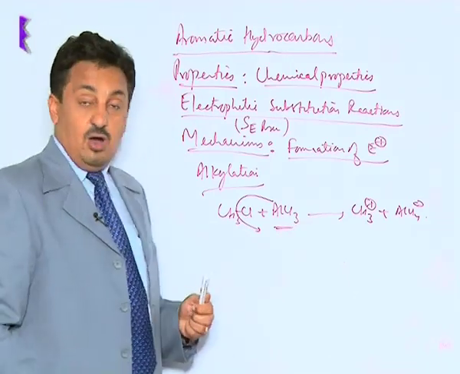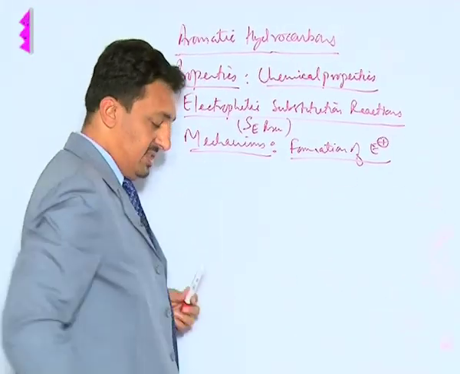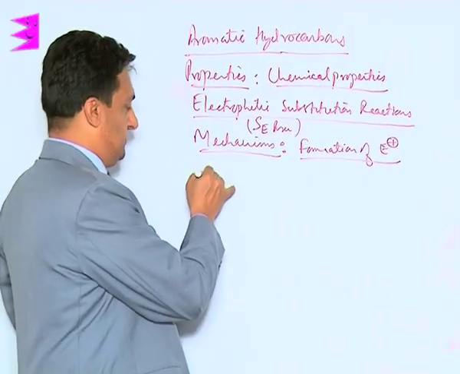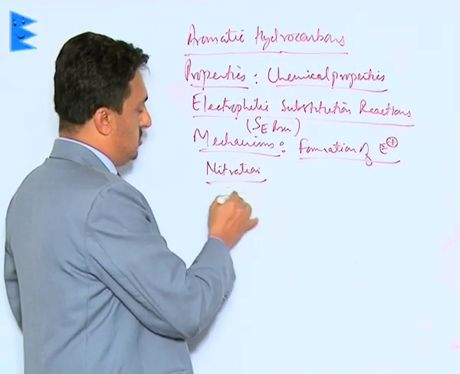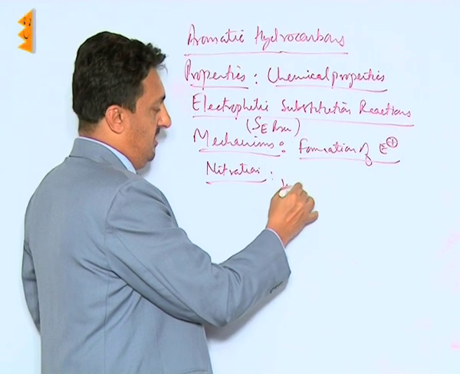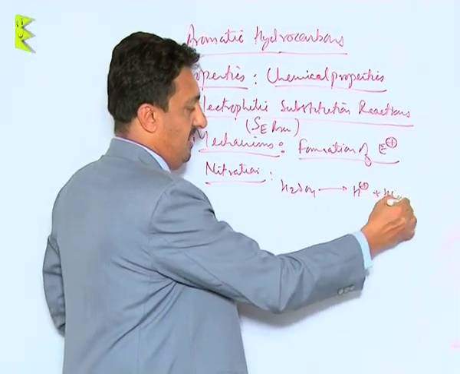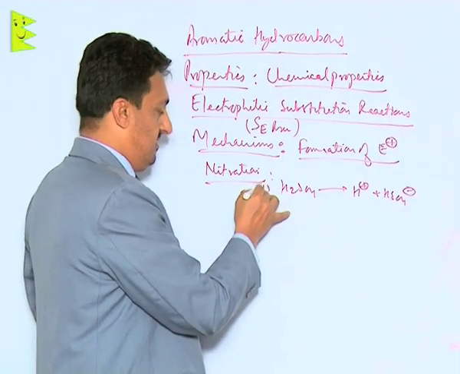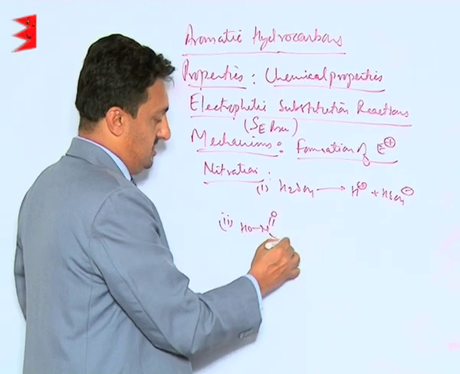Now let us see how we get the nitronium ion in case of nitration. In nitration, two acids are taken. H2SO4, being a stronger acid, releases H plus and HSO4 minus ion. This is the nitric acid we have.